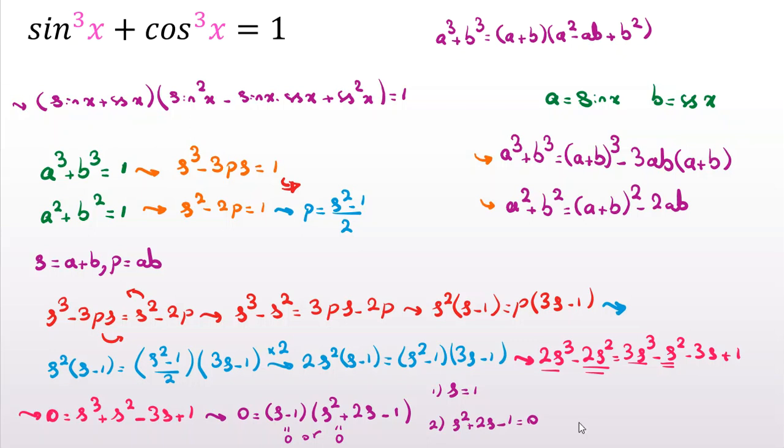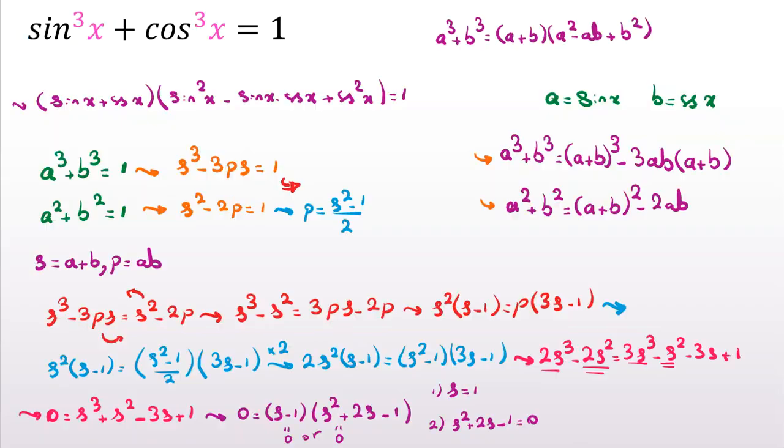In the first case, s equal to 1, so let's replace s equal to 1, and p equal to s squared minus 1 over 2, which will be 1 minus 1 over 2, which will be 0. A plus b is 1, and ab is 0. So here, because ab is 0, a is 0 or b is 0.